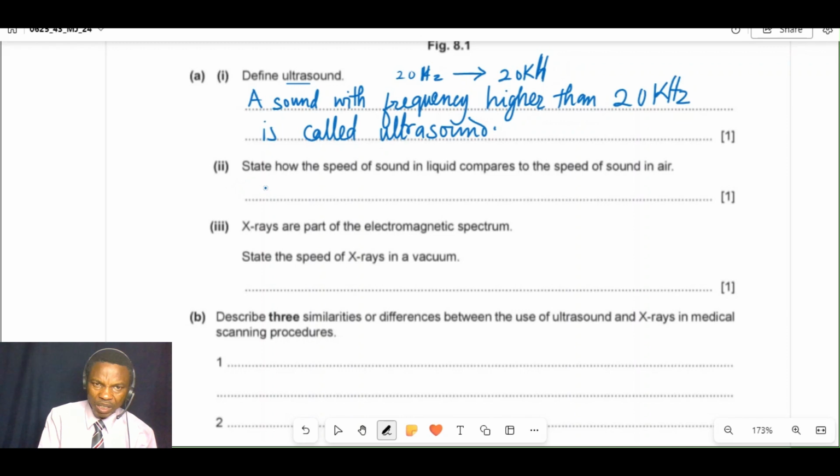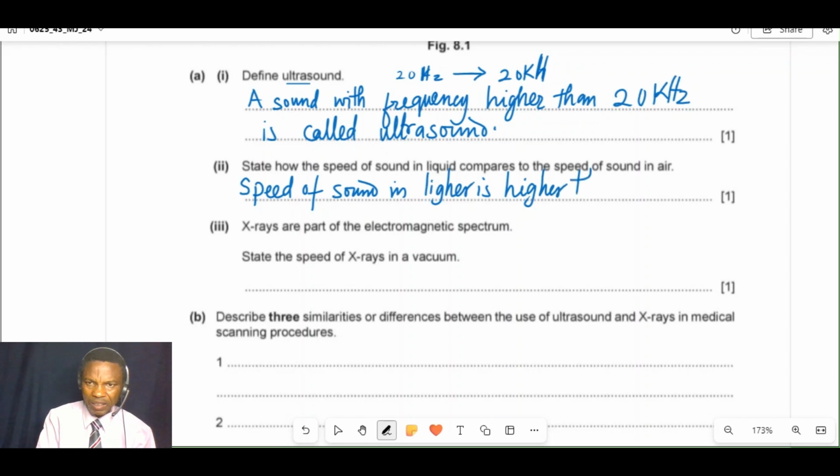The speed of sound in liquid is higher than the speed in air.